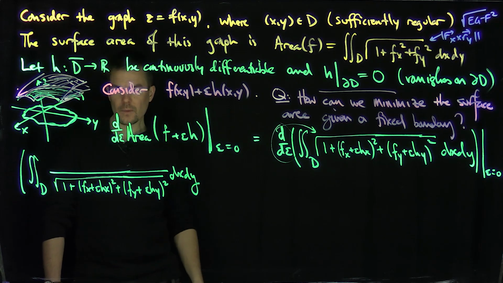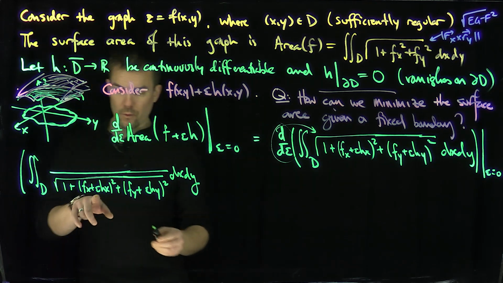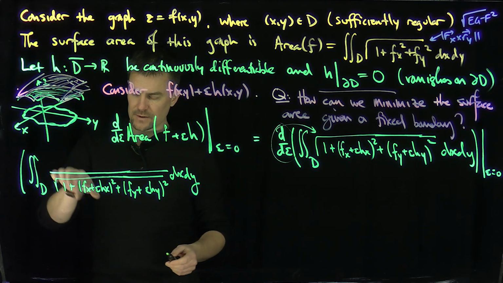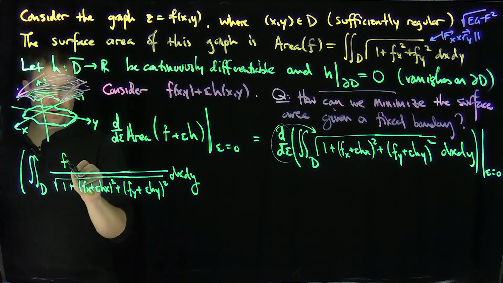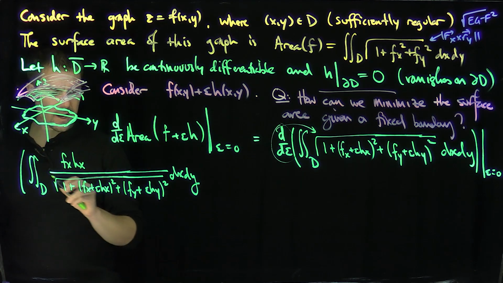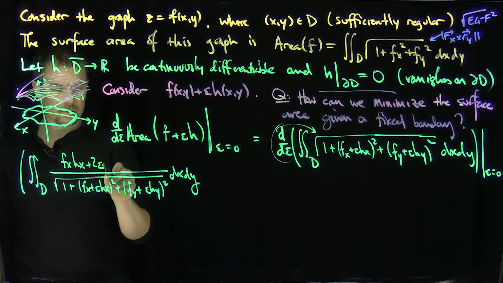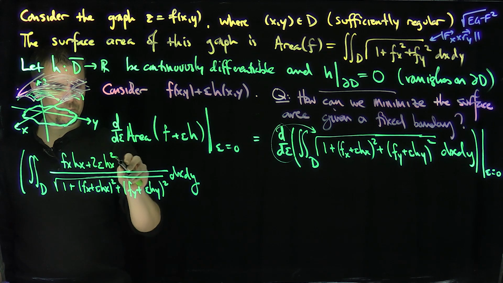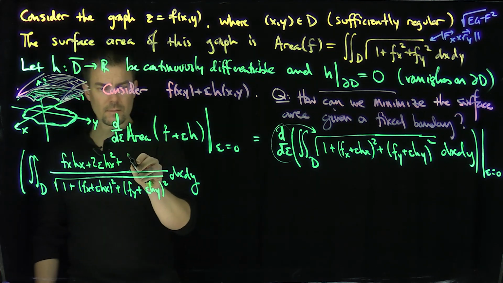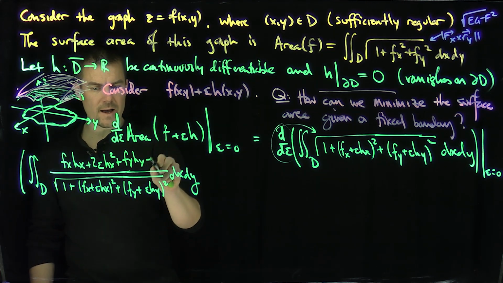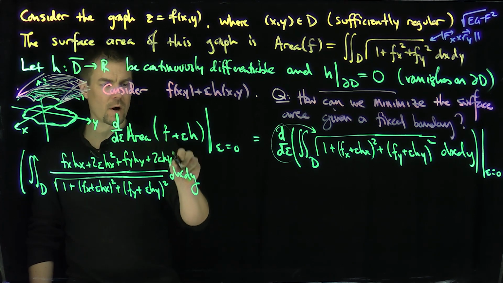Good. And then what goes in the numerator? Well, of course, there's going to be a 2 of these things, and I've already canceled out the 2. So I'm going to have an fx hx, then a 2 epsilon hx squared, plus fy hy plus 2 epsilon hy squared.